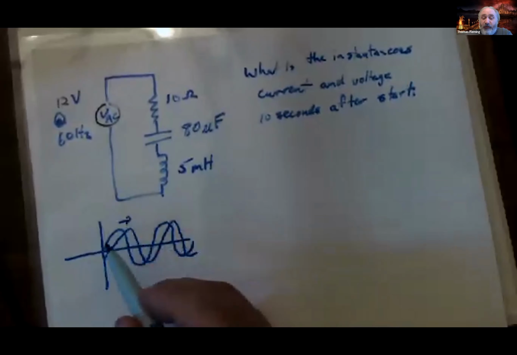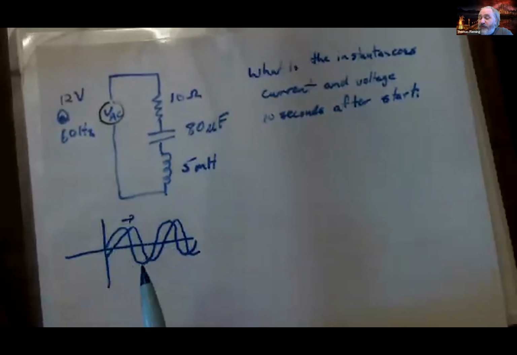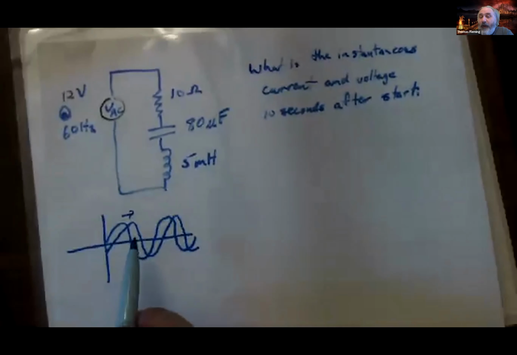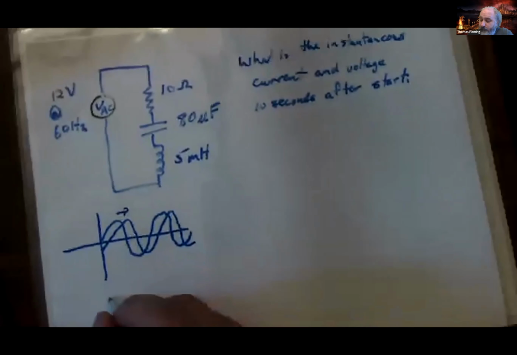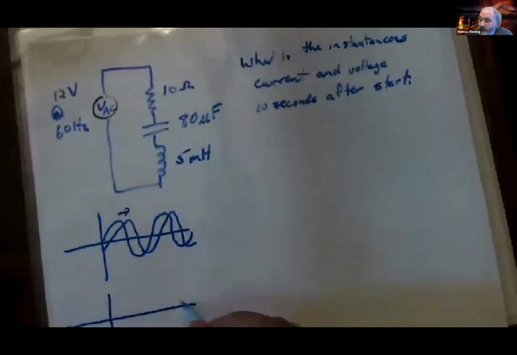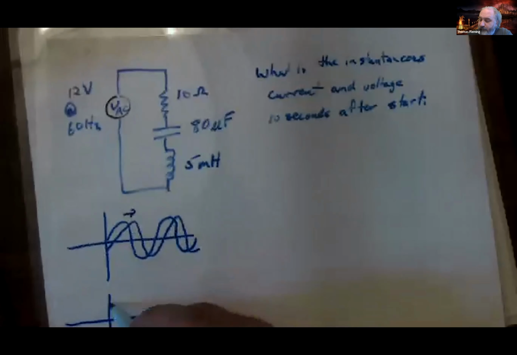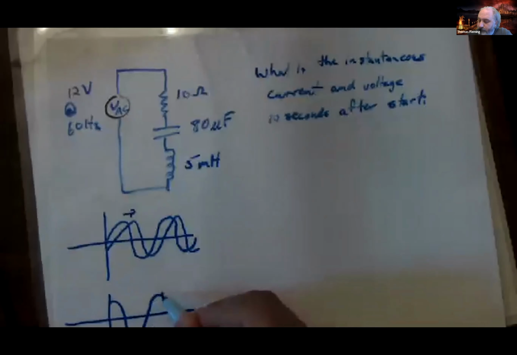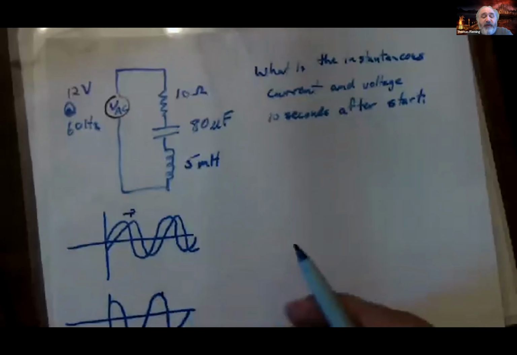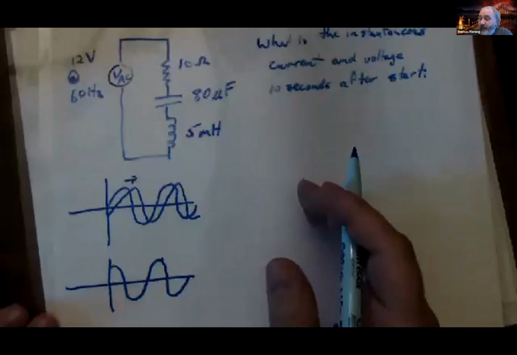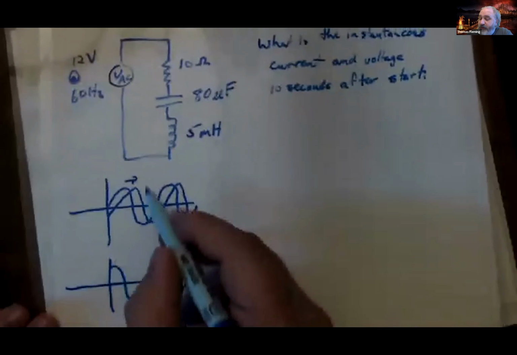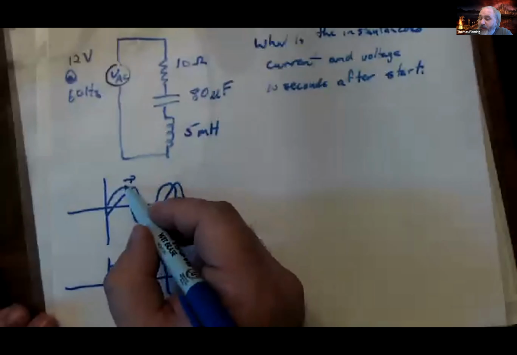I could also shift it to the left. Notice that if you shift a sine wave far enough, it can turn into a cosine wave, right? This is just what you get if you shifted this a full 90 degrees.